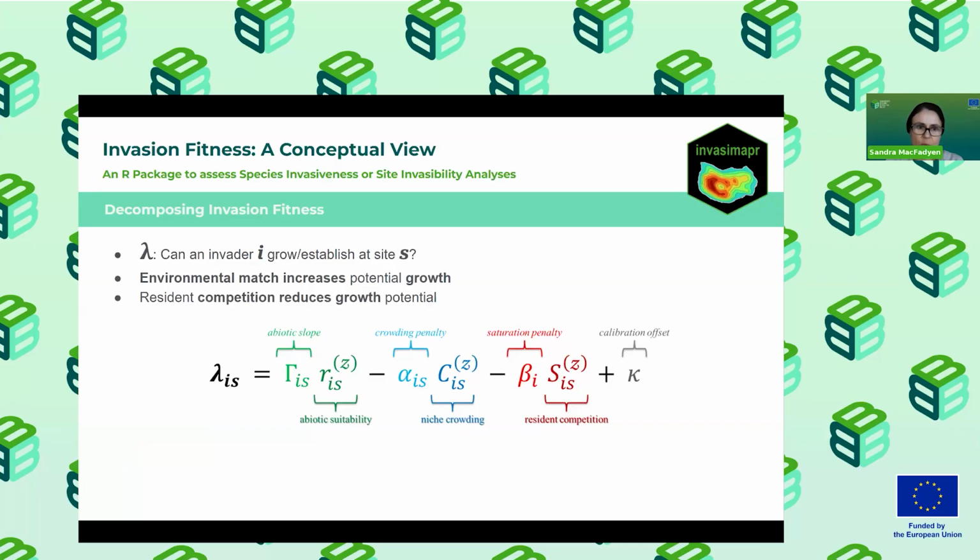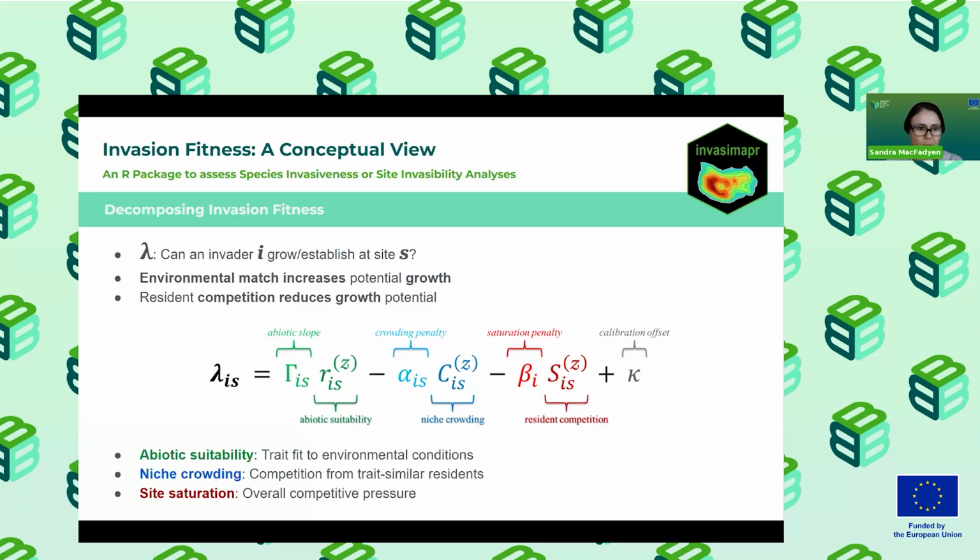Then it takes the resident competition, which is going to reduce your potential for growth. That resident competition is built on the idea of trait overlap, but also site saturation. So resident competition is how many residents are in that site, and what the competition will then be related to: pure numbers and space.